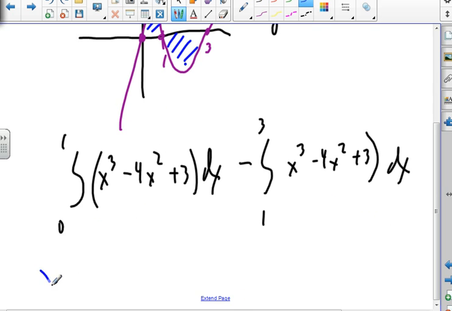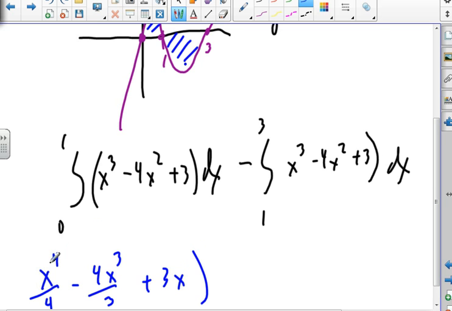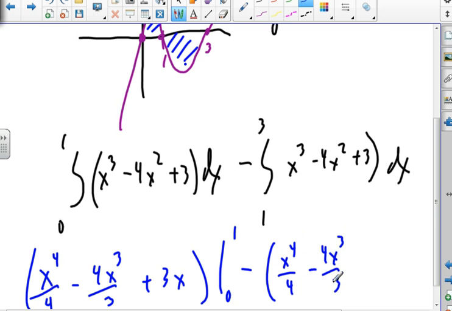Okay, so I got x to the fourth divided by 4 minus 4x cubed divided by 3 plus 3x evaluated at 0 and 1, minus x to the fourth over 4 minus 4x cubed over 3 plus 3x evaluated at 1 and 3.